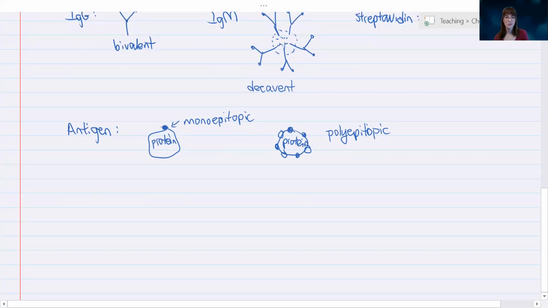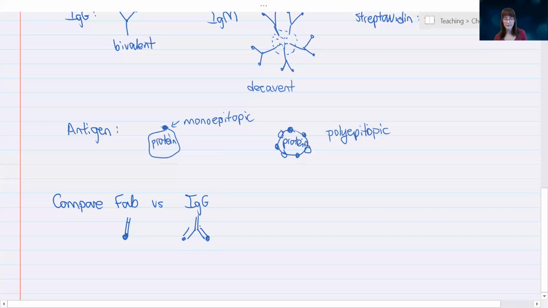And so then the question is, how does this play out? How does this matter in terms of binding? Okay, so why would polyvalency have an effect on avidity, and which direction would you expect it to go? So let's compare the binding of a Fab fragment, which of course has just one binding site, versus an IgG, which has two binding sites.